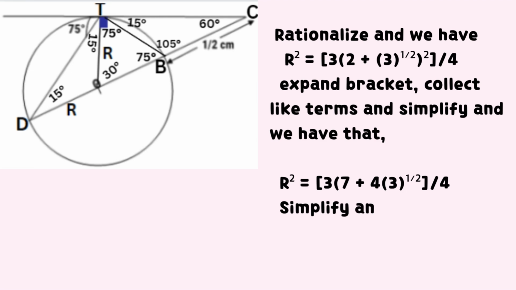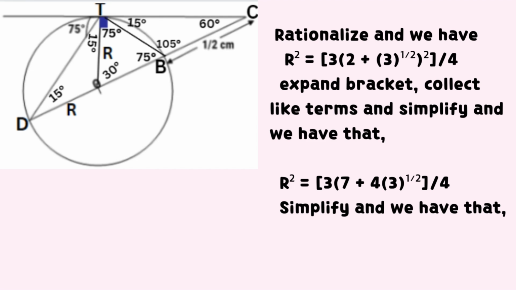Expand bracket, collect like terms and simplify, and we have that the square of R equals 3 multiplied by the sum of 7 and the product of 4 and the square root of 3, all divided by 4.